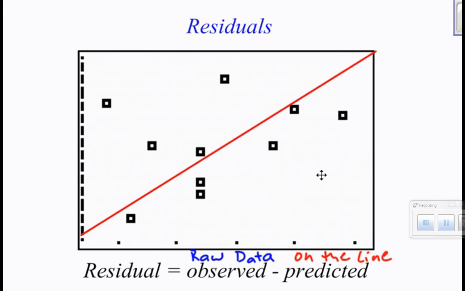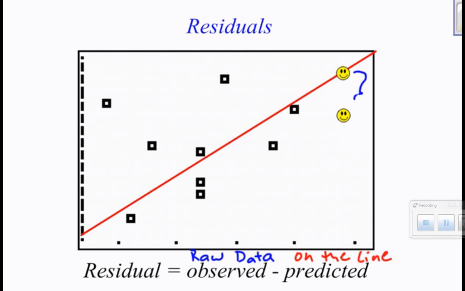Well, what we end up doing is we take just one of the points. Let's just say we took this point. It doesn't matter which one. Let's just take this point right here. Okay, if I take that point right there, and I take the observed value for your response variable, okay, that's what you're looking at, and you subtract away the predicted value, which comes from the line of best fit.